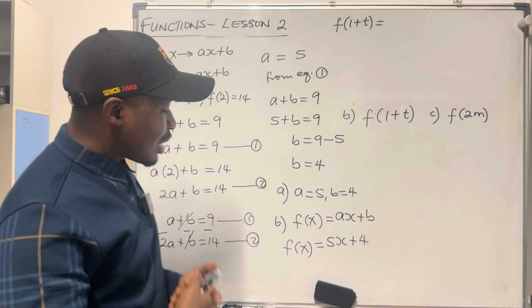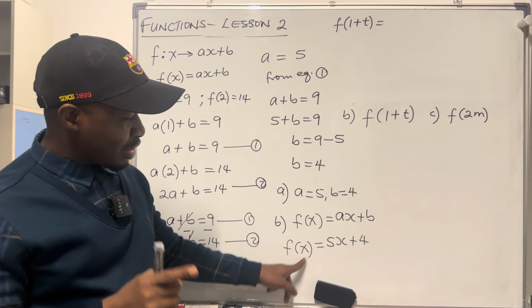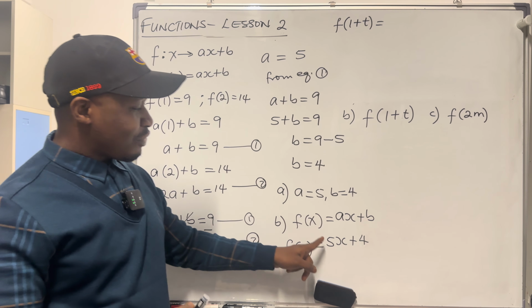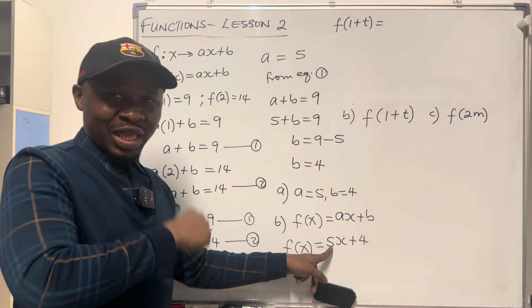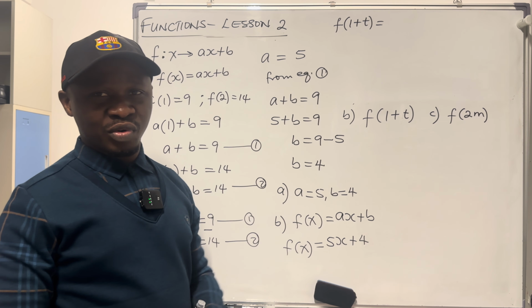So that tells you that if you are to find f of 1 plus t, use 1 plus t to replace x. F of whatsoever is 5 whatsoever plus 4.